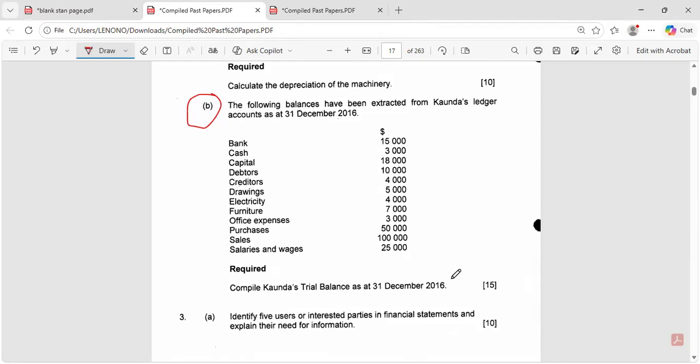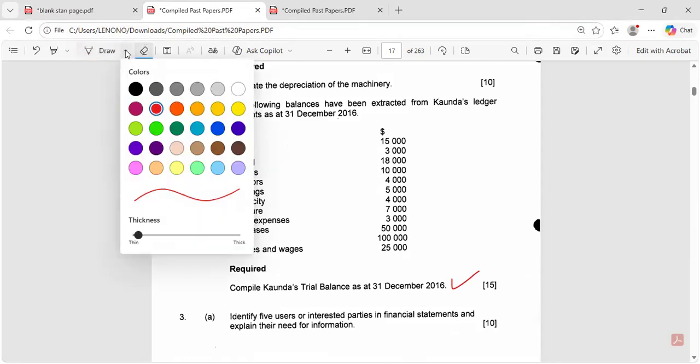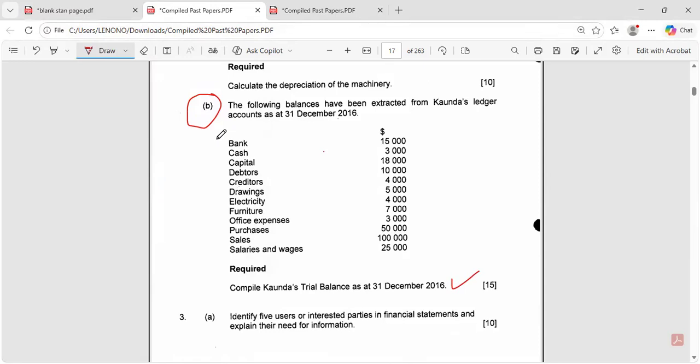So what happens for this one? All assets are debit balances. So this is a debit. All these, the ones we're putting in red, should have debit balances.